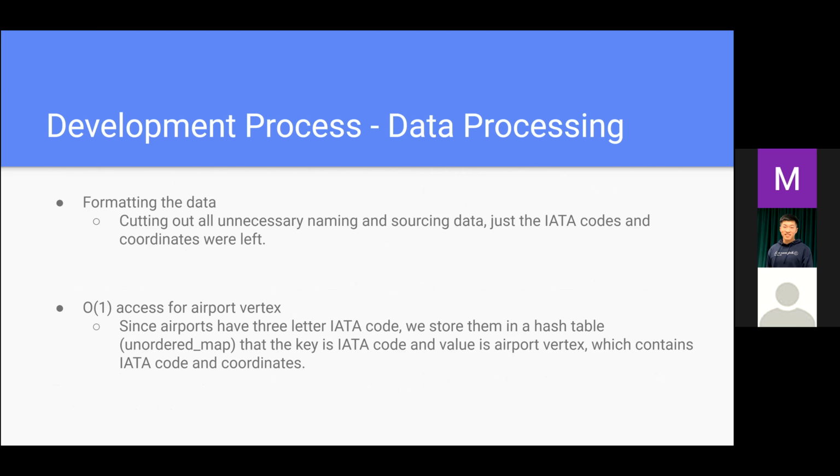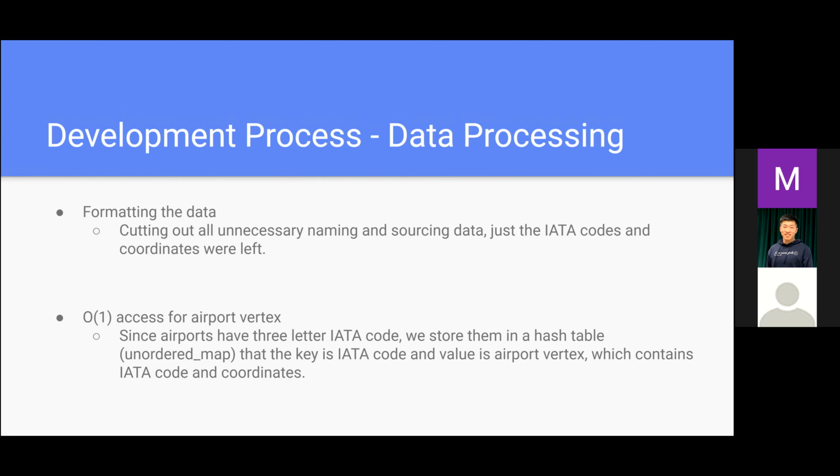So in data processing, which is the beginning phase of this project, after we acquired our data from OpenFlights, we need to perform data parsing to get only the 3-letter code and the coordinates. It's quite a challenge with C++ since the data set is not fully accurate, so we need to perform data correction as well.